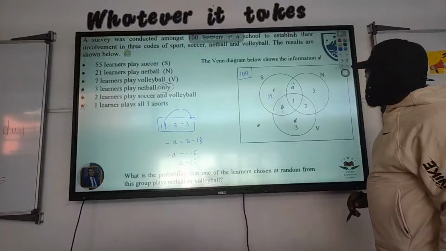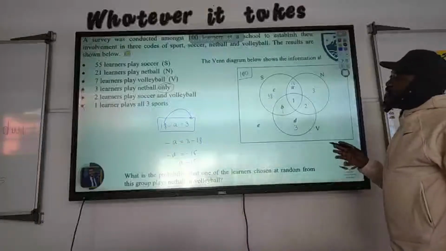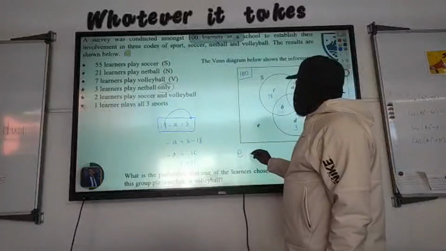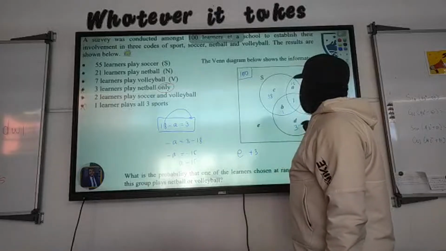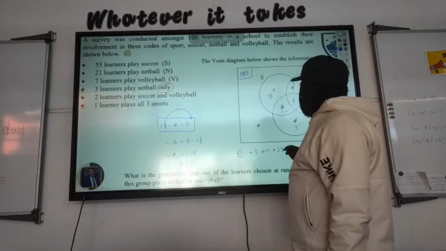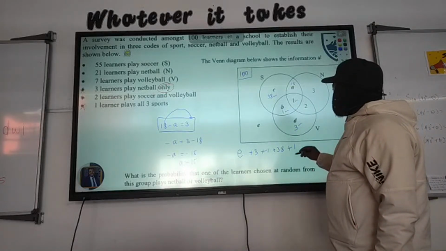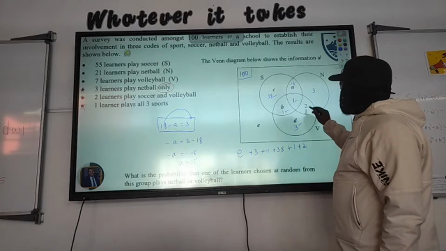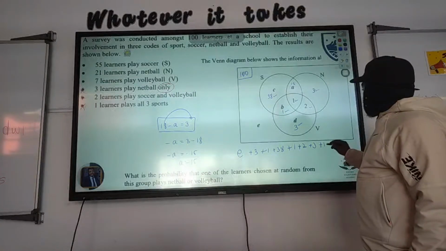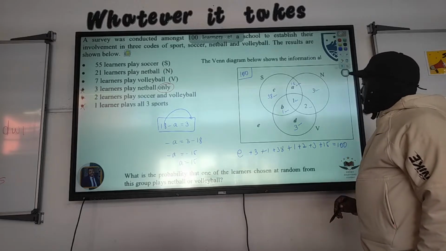And then what is left now is E. For us to find E, all the numbers need to give us 100. So let me start with E: E plus 3 plus 1 plus 38 plus 1 plus 2 plus 3 plus 15 must give me a total of 100.